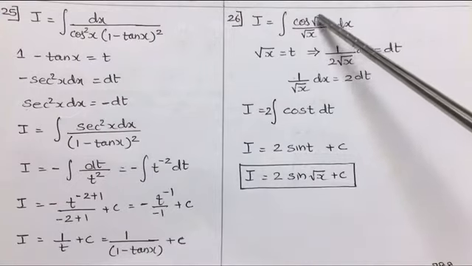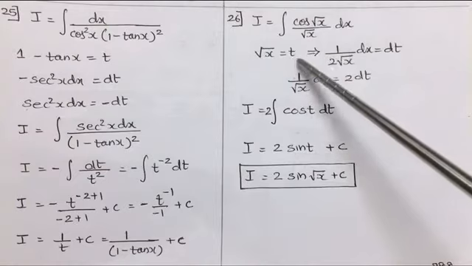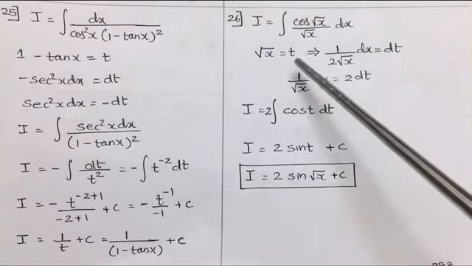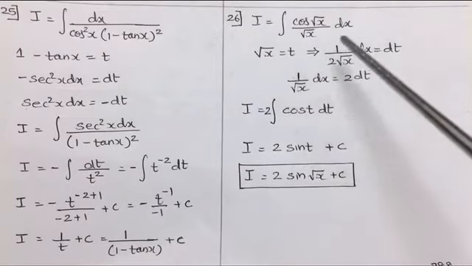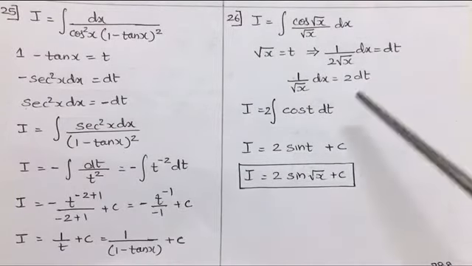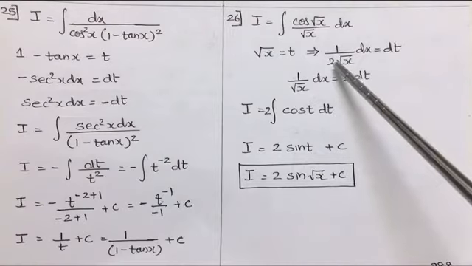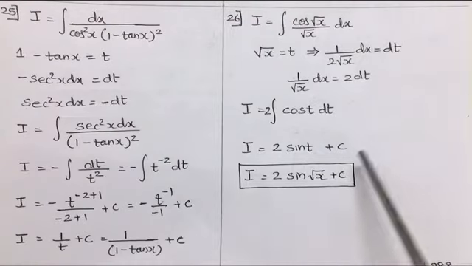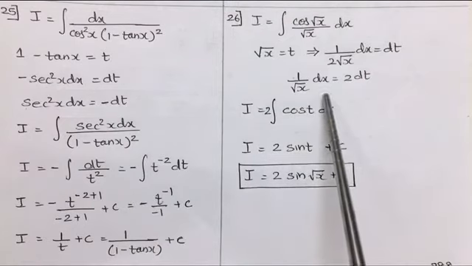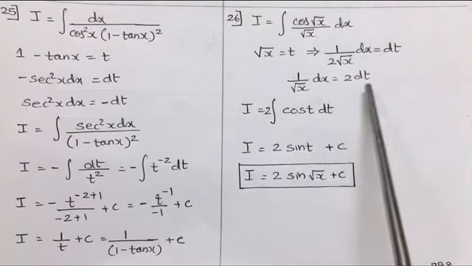Therefore we will assume root x as t. So assuming root x as t, derivative of root x is 1 upon 2 root x dx is equal to dt. Taking 2 to the other side, we get 1 upon root x dx is equal to 2 dt.